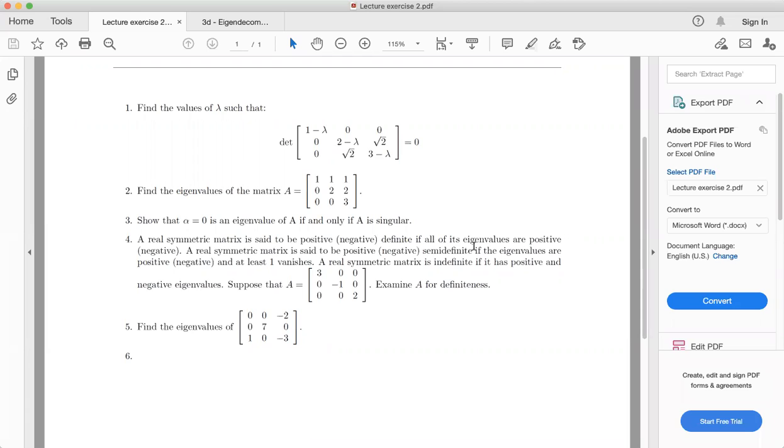Eigenvalues are used to determine the shape of a multivariable function, which will be very useful later on in our module on optimization. This is fairly useful to determine whether the function is concave or convex.